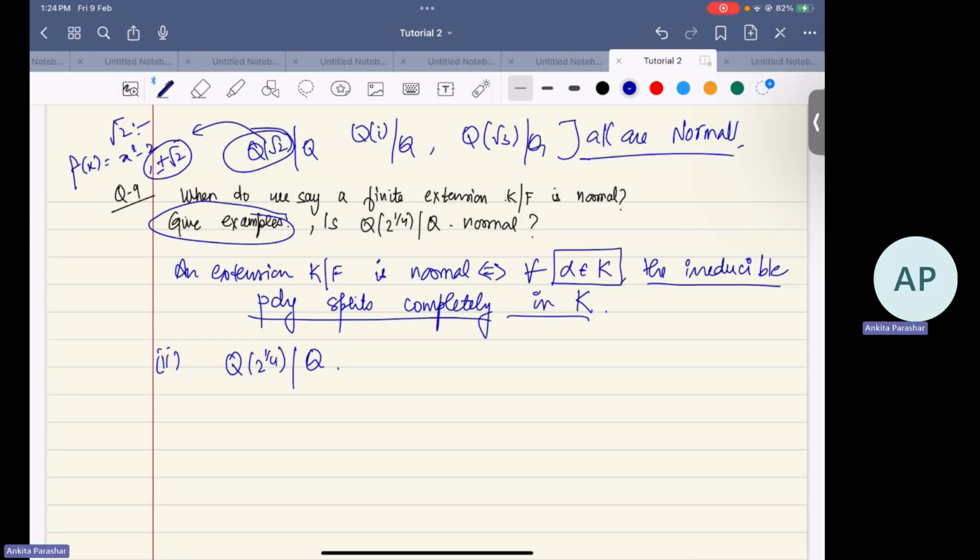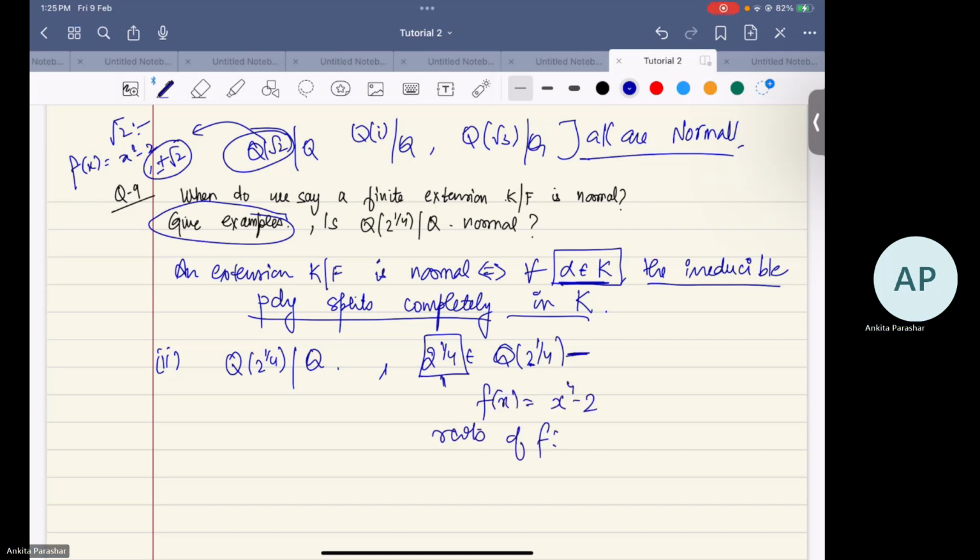If you look at 2^(1/4), this is an element inside your field, and the result says for any element alpha, I have chosen this as alpha, its irreducible polynomial, which is this, should split completely in the field. But note that the roots of f are 2^(1/4), −2^(1/4), 2^(1/4)i, and −2^(1/4)i. We have seen this several times, so I'm just repeating.